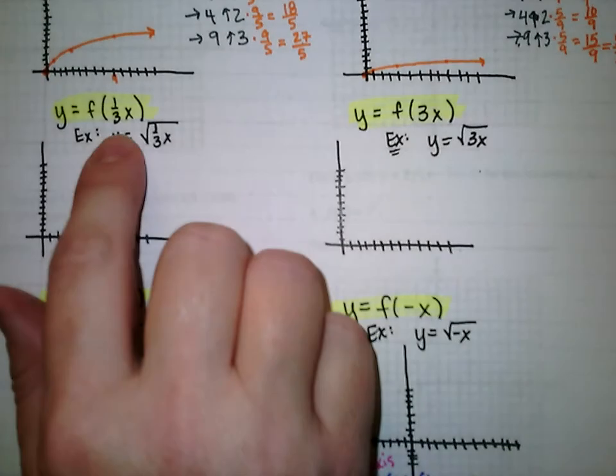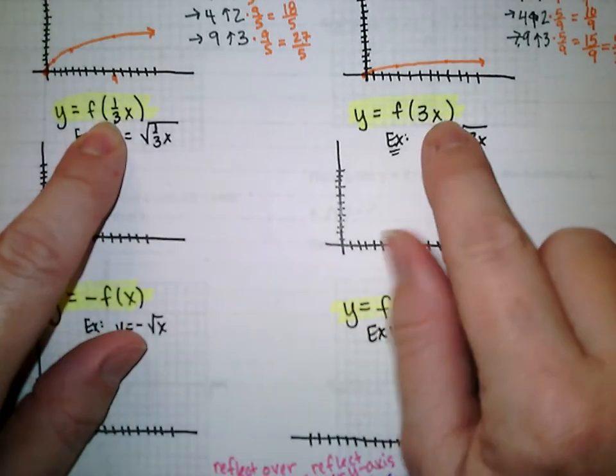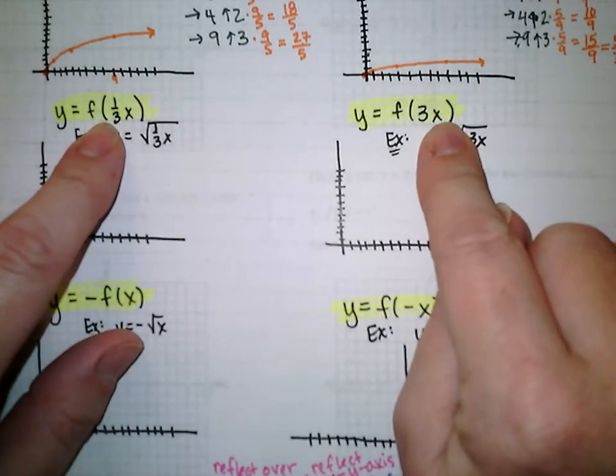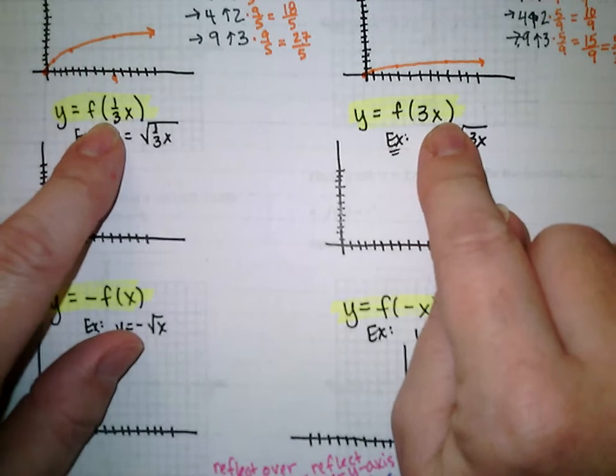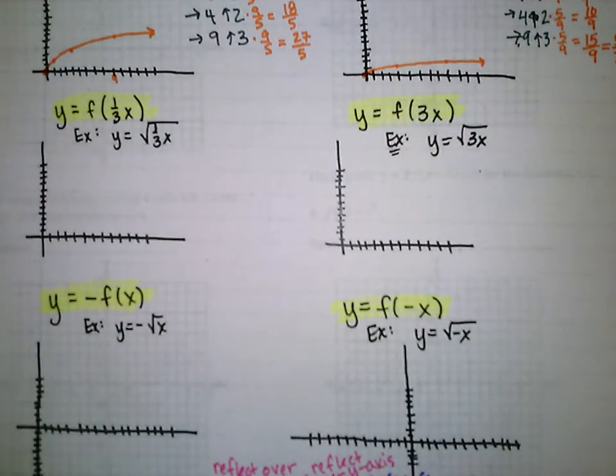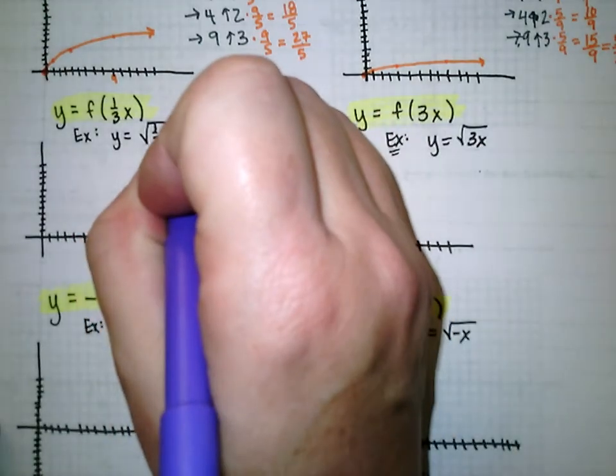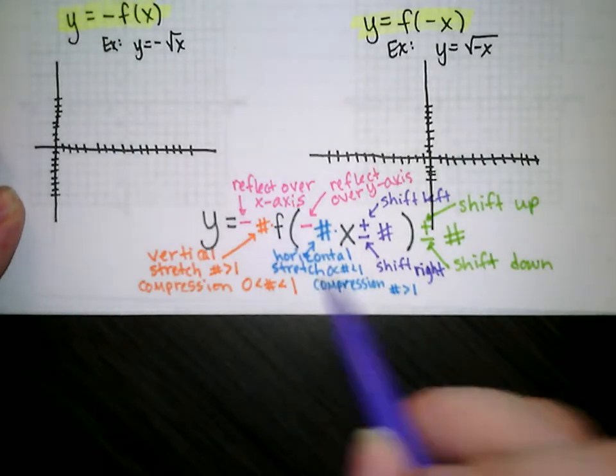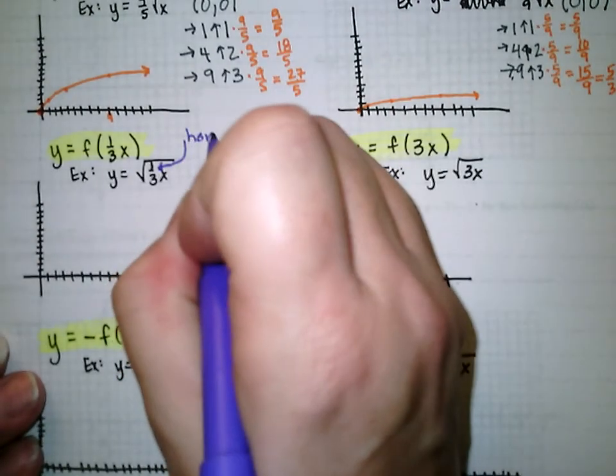Okay, comparing that to when our number is inside with the x's instead of outside, these are horizontal stretches and compressions. If that number inside is between 0 and 1, that's a horizontal stretch. So let's get that going.